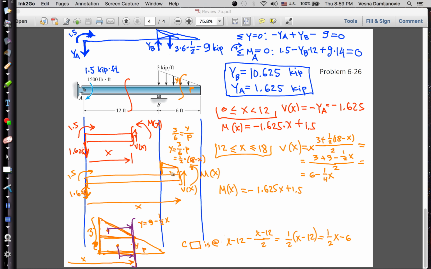So the rectangle will have one force going down, and the triangle will have another force going down. So now we're doing that.